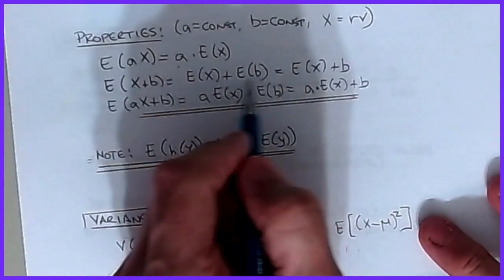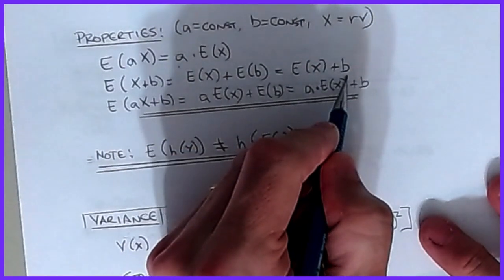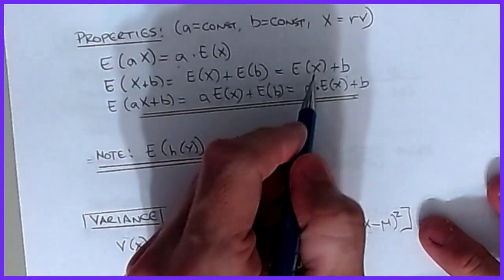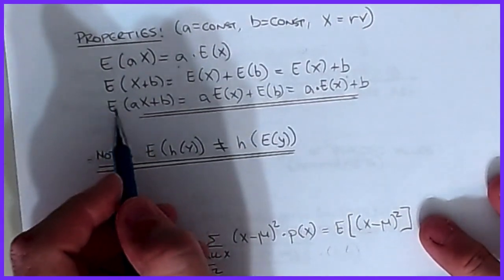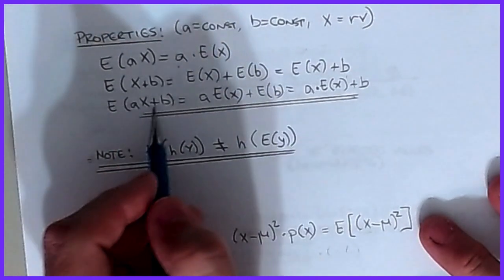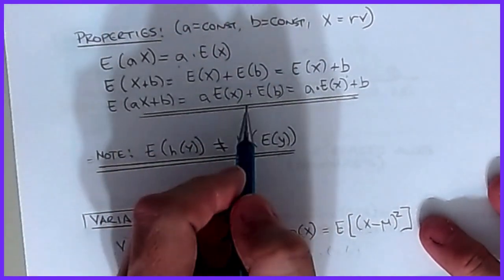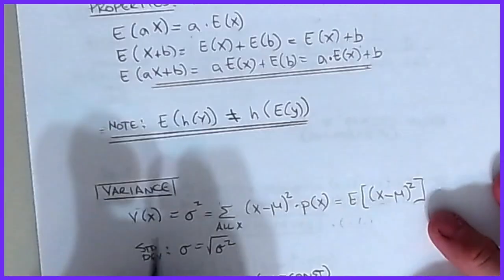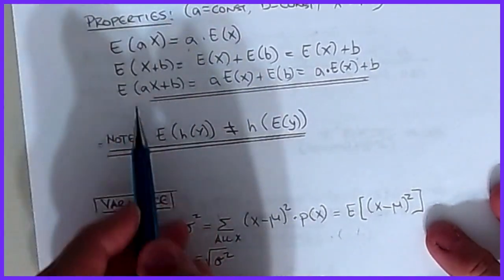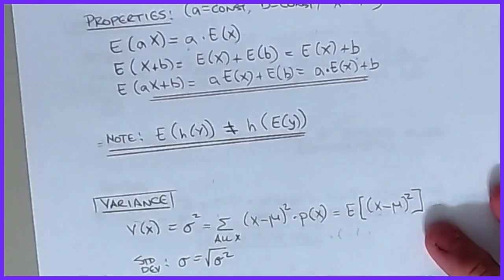But the expected value of a constant is just the constant value itself. That's why it's constant. So it's the expected value of x plus b. And then I can put all three together: the expected value of ax plus b is a times E of x plus E of b, which is now a E of x plus b. Okay, and that's it. So these will be some really handy little tools that we'll take advantage of in some of the problems coming up.